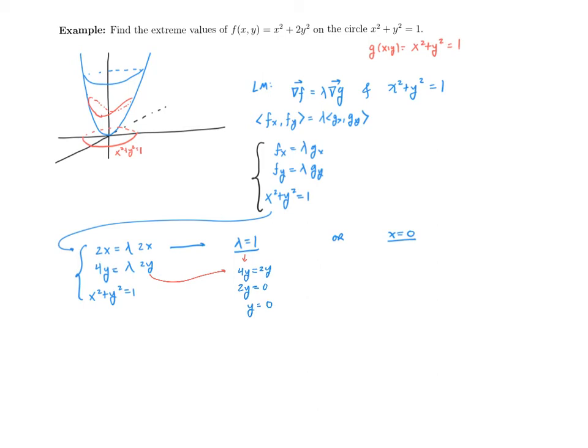If you substitute y equals 0 into that constraint equation, what we will have is x squared plus 0 squared is 1. So x squared is 1, which means x is equal to plus or minus 1. And that gives us two possible points, when x is 1 or when x is minus 1. But in either case, they came from setting y equal to 0.